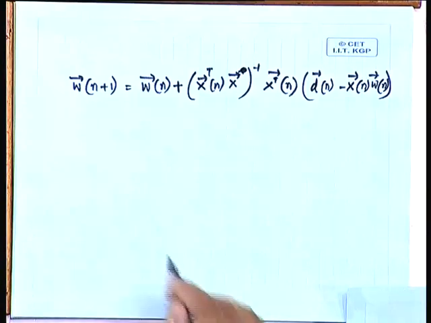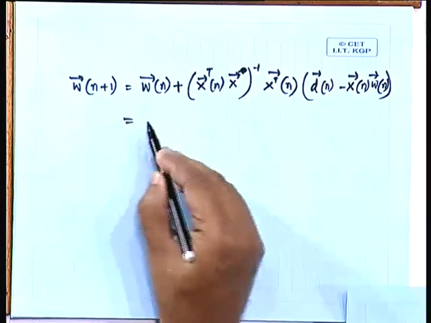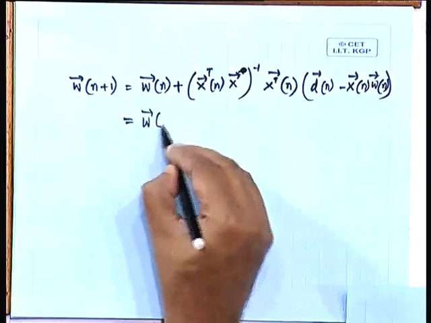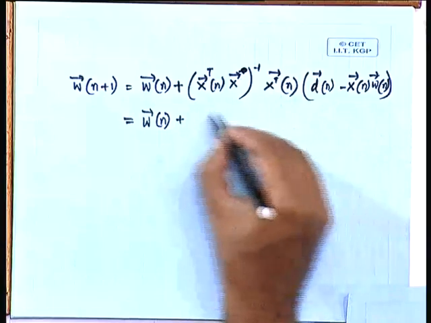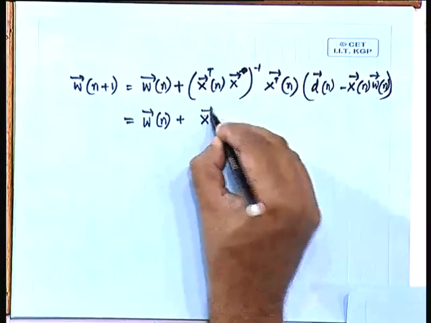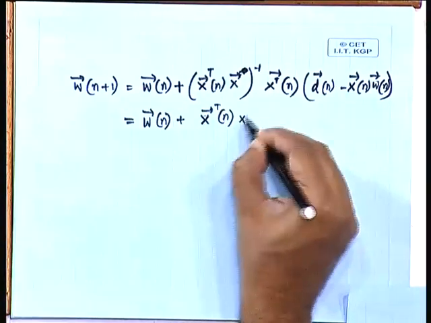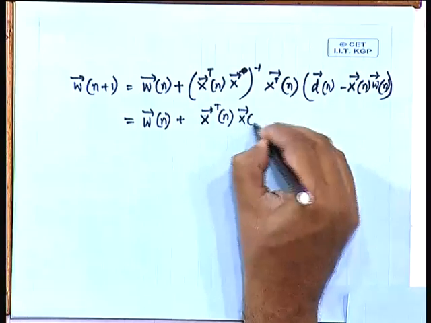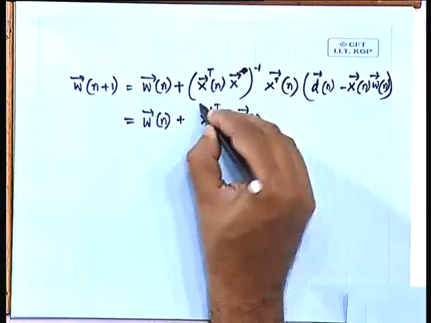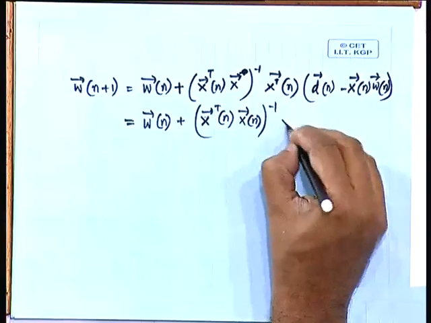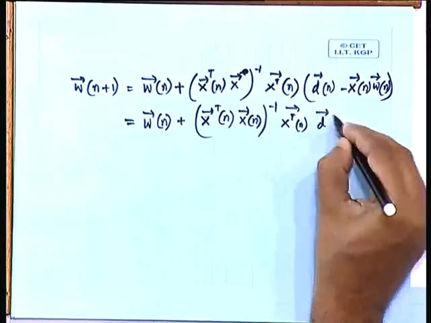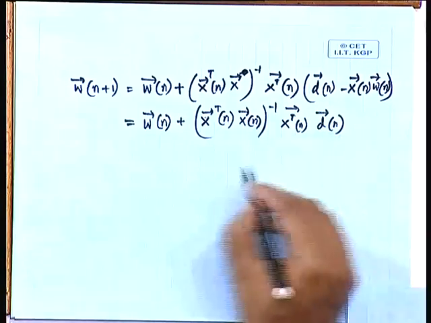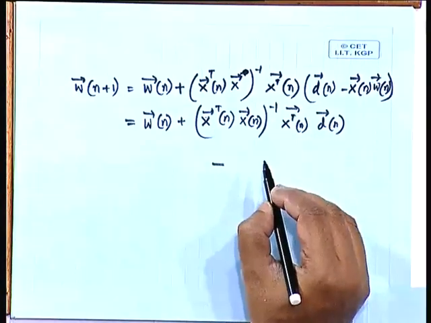Now, something that you can see, so this is equal to W n plus, what is it that we are getting? We are simply getting X transpose n X n, this inverse, X transpose n d n, minus what are we going to get?